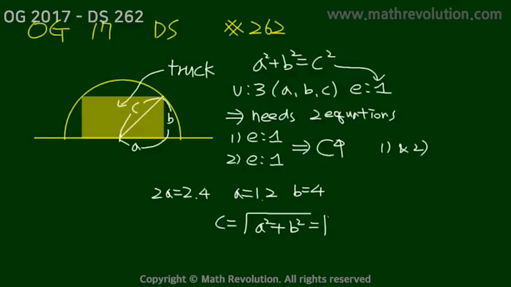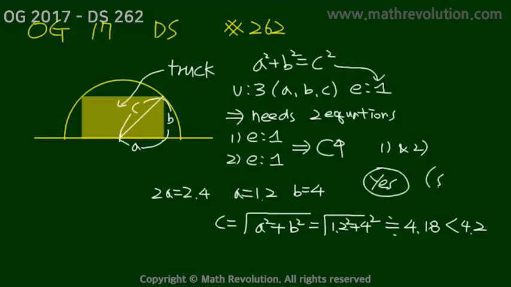So this is equal to the square root of 1.2 squared plus 4 squared, which is approximately 4.18. And this is smaller than 4.2, so yes, the truck can go through the tunnel. So the answer becomes yes, and therefore sufficient. So choice C was our answer.